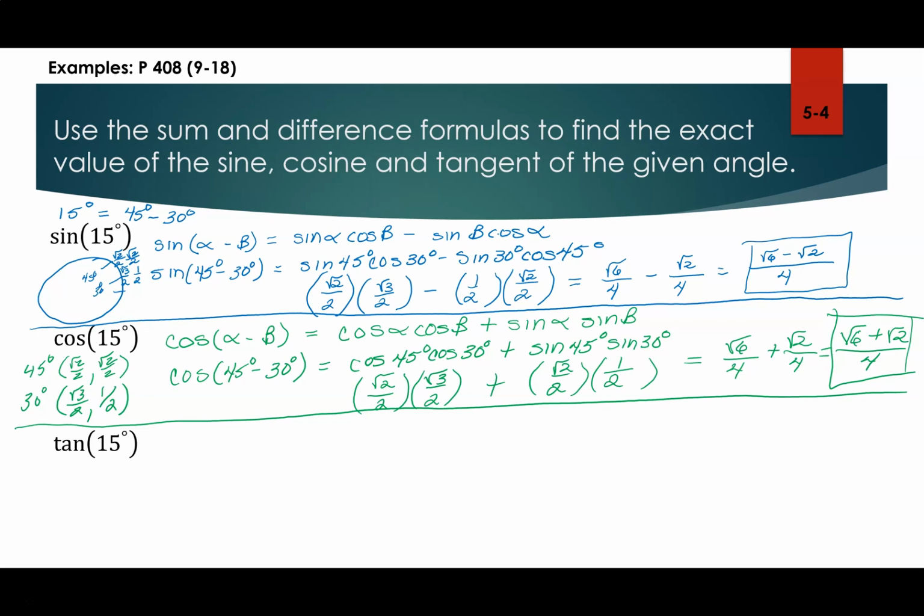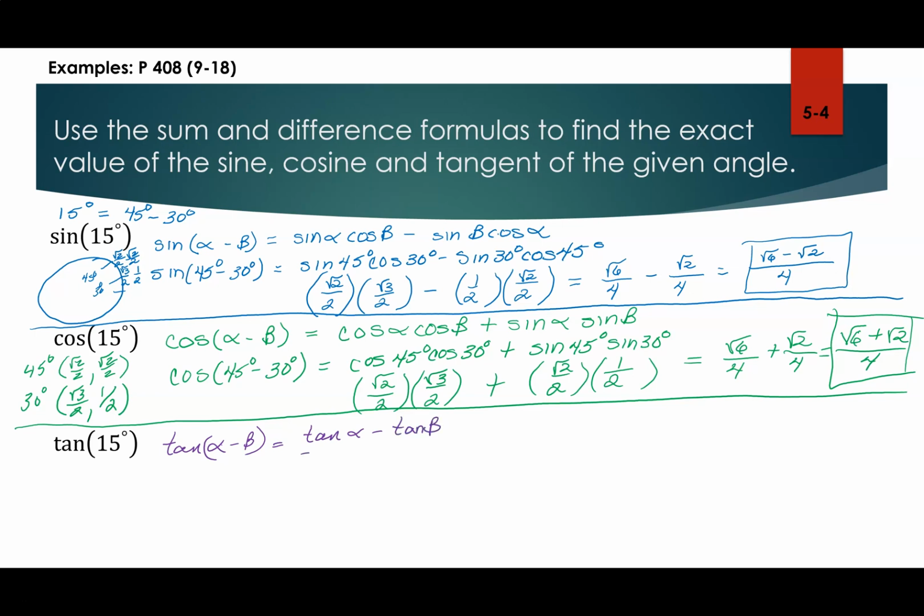Now, tangent of 15, we actually have two options available to us. I want to show you the formula first, and then I'll show you a shortcut. So tangent of alpha minus beta, the pattern is tangent of alpha minus tangent of beta.